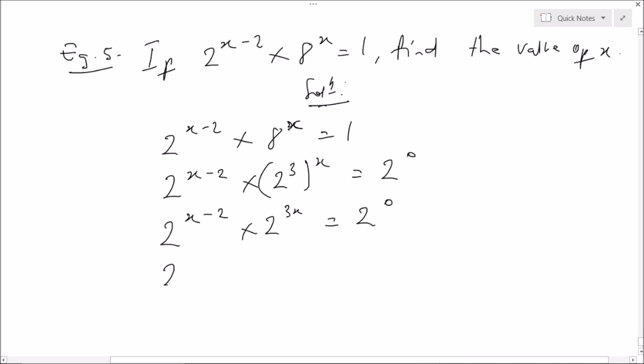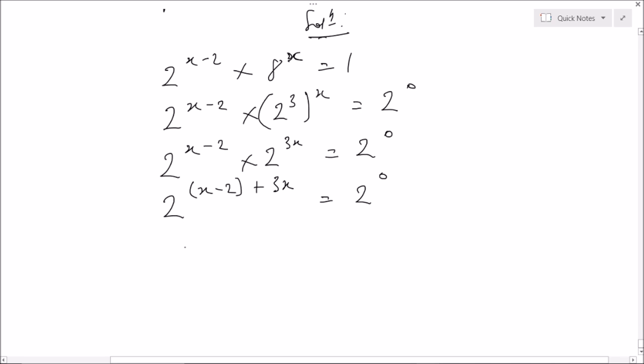So this will give us 2 raised to the power s minus 2 plus 3s is equal to 2 raised to the power 0. So we have 2 raised to the power s plus 3s minus 2 is equal to 2 raised to the power 0, which gives us 2 raised to the power 4s minus 2 is equal to 2 raised to the power 0.